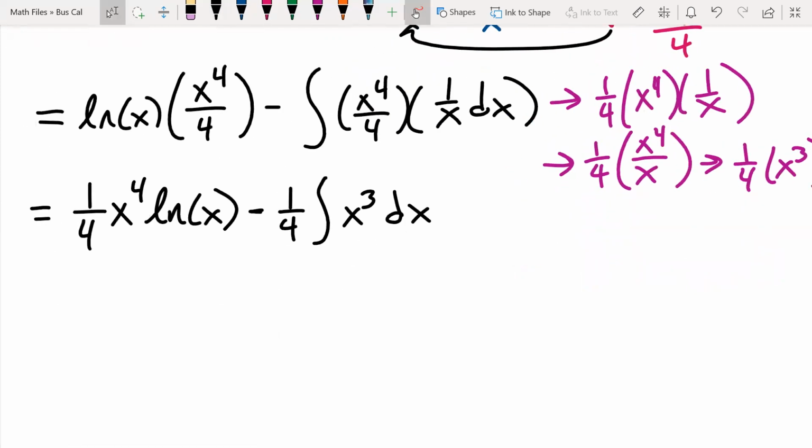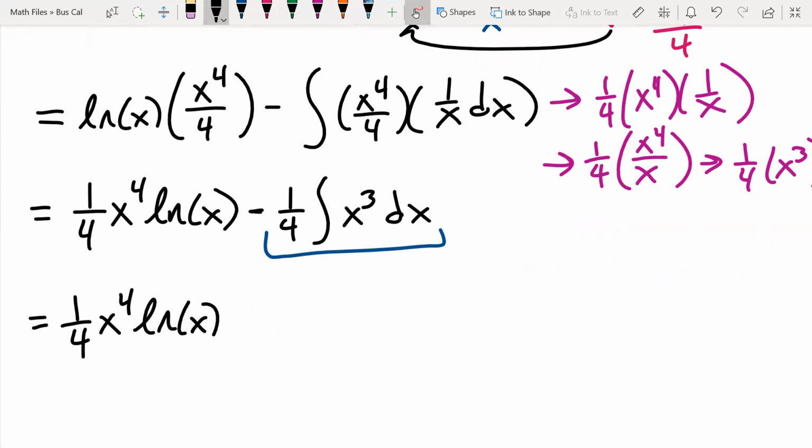Okay. And now we just need to find this antiderivative, and it's a lot easier now. All we have to use is power rule, and you'll get 1/4 x to the 4th times the natural log of x minus 1/4 times the antiderivative of x cubed, which is x to the 4th over 4 plus c.